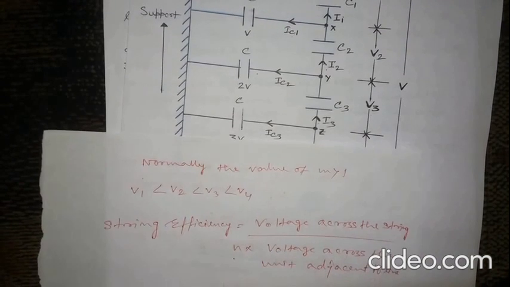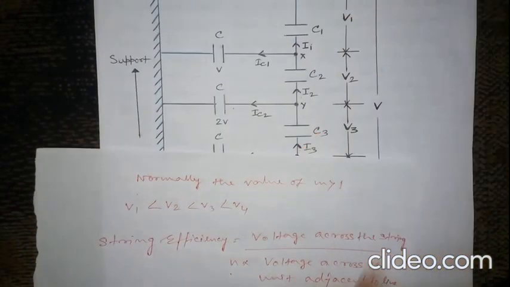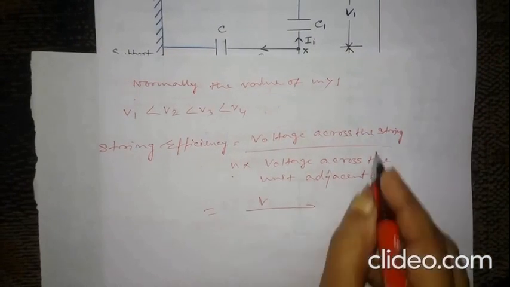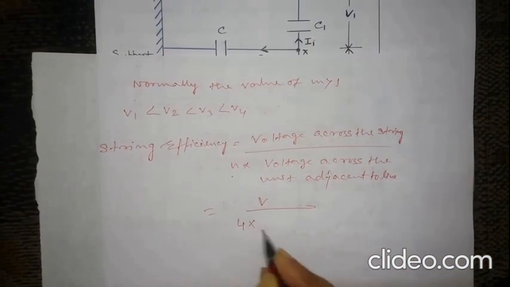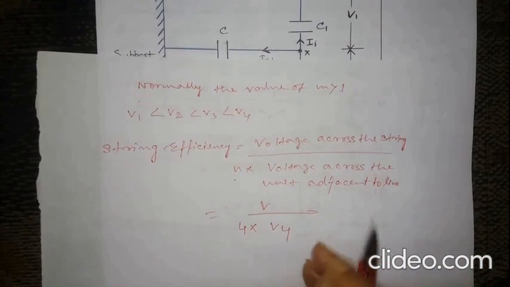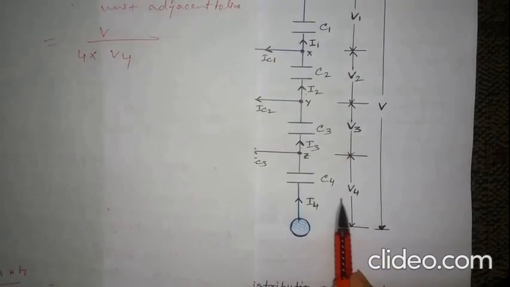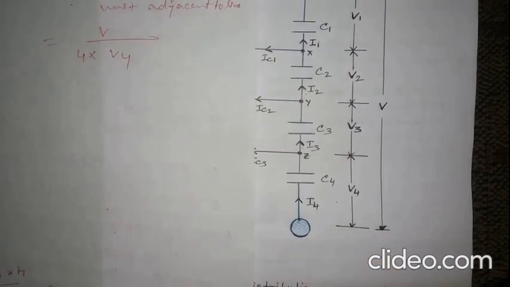So we can write from this figure, voltage across string, Vn, that means V4, and voltage across the unit adjacent to line, that is V4.